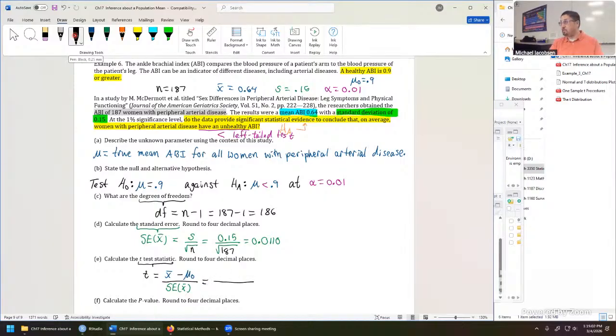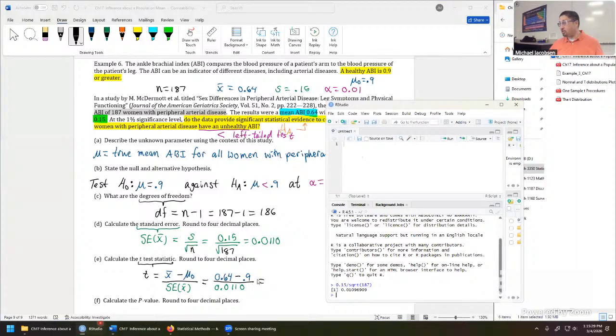It's a fast computation, so let's put in, making 3 substitutions, 0.64 in place of x bar, subtract from the null hypothesis, our hypothesized mean, 0.9, divide by the standard error we just calculated, 0.0110, and we're about to get a value out.